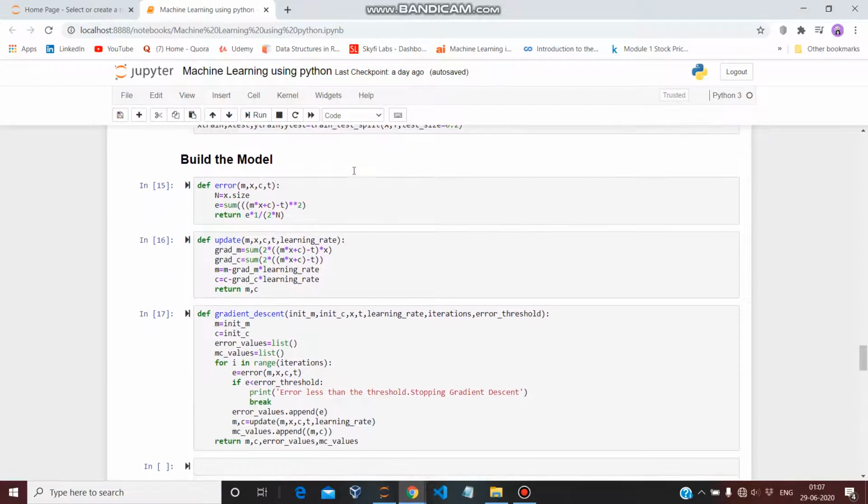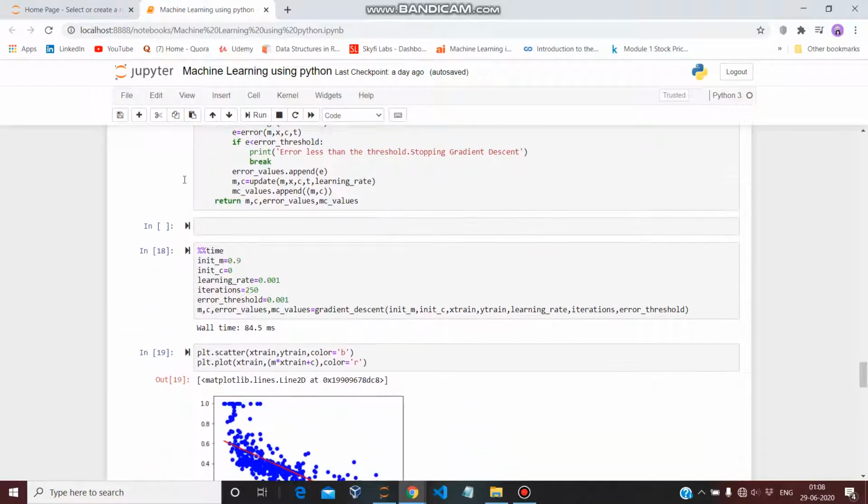Okay. After it, we will build our model. It consists of three functions: error function, update function, and gradient descent function. Our main objective is to minimize the error quantity over the course of training.